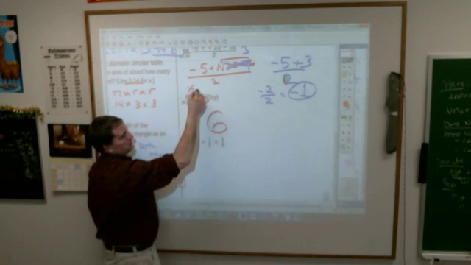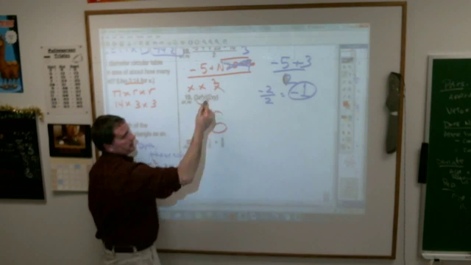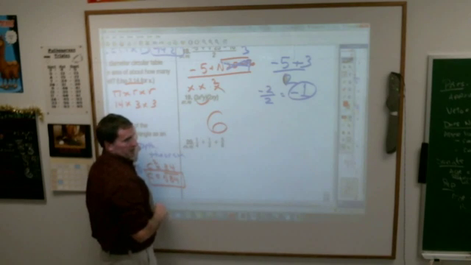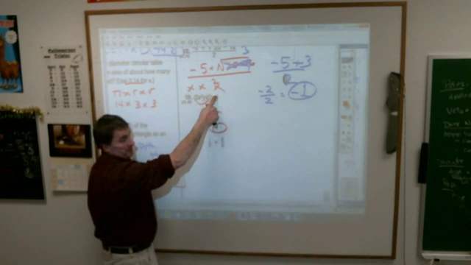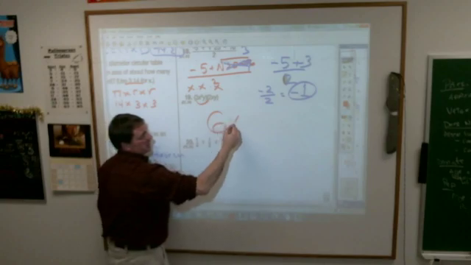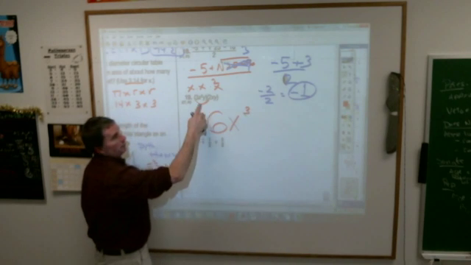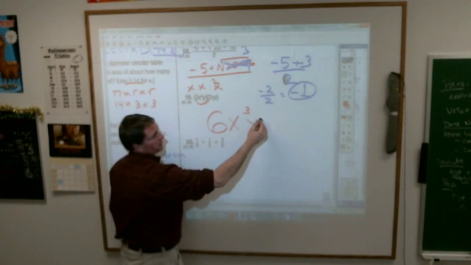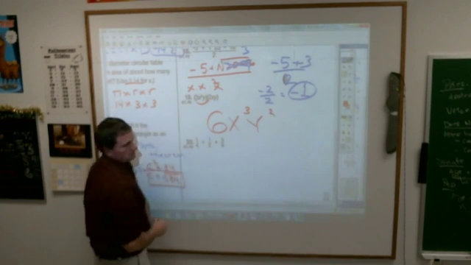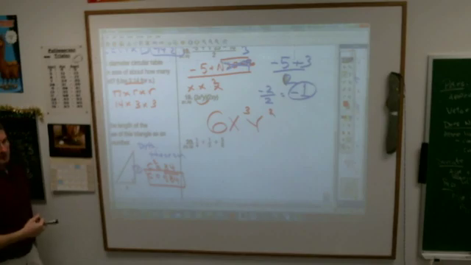You have x squared, which is x times another x is, no, that's x cubed. Okay. 3x is what you get when you add x plus x plus x. When you multiply x times x times x, you get x cubed. And then y times y is not 2y, it is y squared. And that would be that.